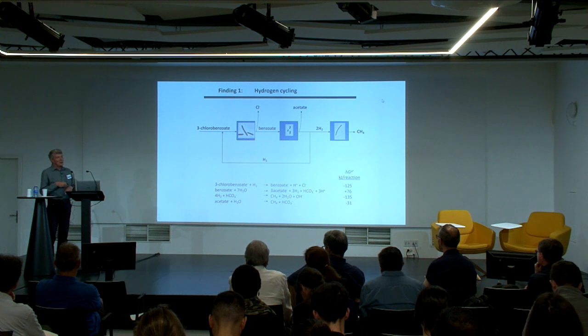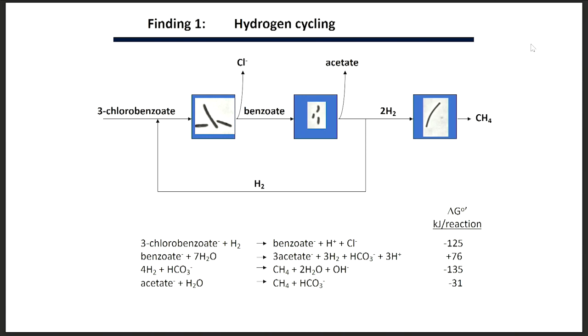So we did the experiment, we put the 3 organisms together, and of course we measured how much methane we produced, and then we also had a system where we had only benzoate, so not 3-chlorobenzoate. And to my surprise at the time, we found less methane produced when we fed the system with 3-chlorobenzoate than when we fed it benzoate.